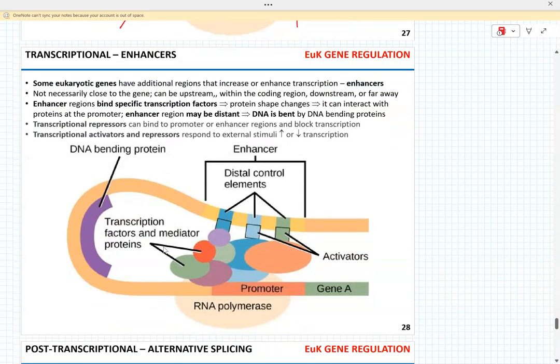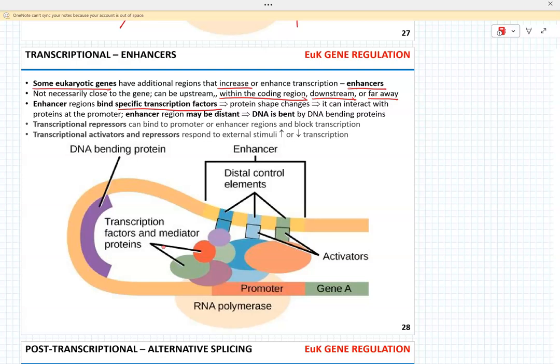Some eukaryotic genes have other regions pretty far upstream from the promoter that increase the efficiency of transcription, called enhancers. Enhancers, while usually upstream, don't have to be there. They can be found within the coding region, downstream of the gene, or even far away from the promoter.